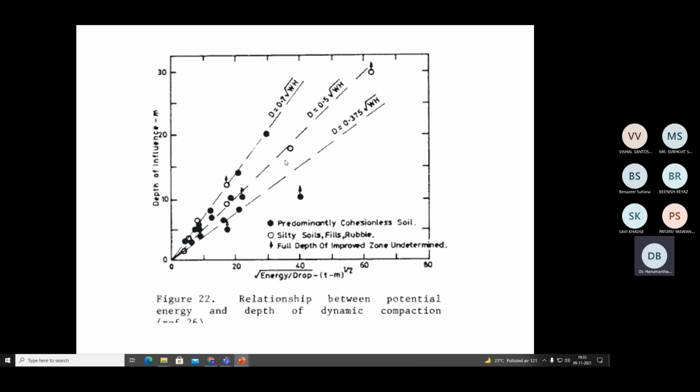This is another fundamental reason a factor called alpha has been introduced for the soil type. It could be 0.375, or 0.5, or 0.7. 0.375 means the soils are dominated by the fines fraction. Here you can see predominantly cohesive soil, then silty soils, fills and rubble, then full depth of the improved zone undetermined.